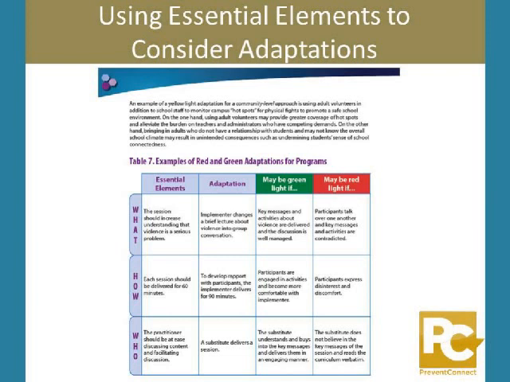So we say this may be a green light if key messages and activities about violence are still delivered through that conversation or discussion, and the discussion is well managed. And this is actually a real-life example. It may be a red light if participants are talking over one another and the key messages and activities are contradicted.